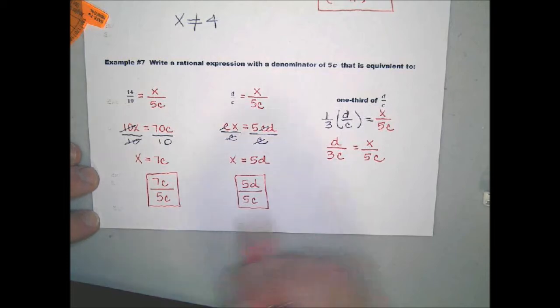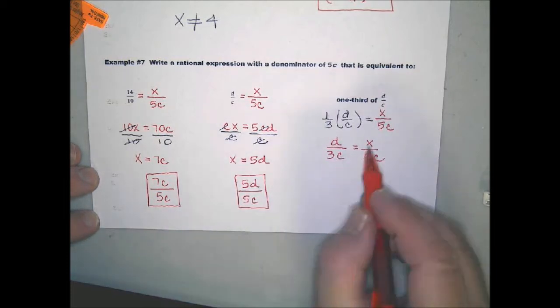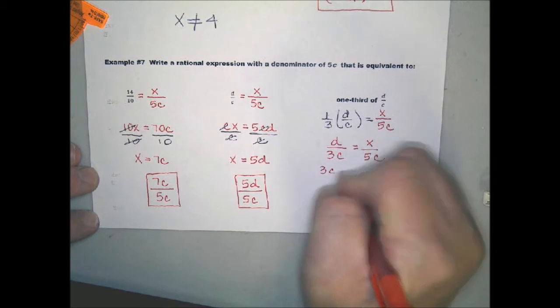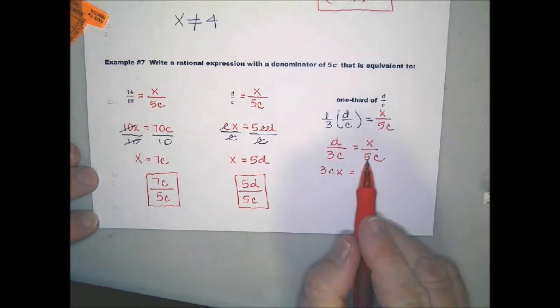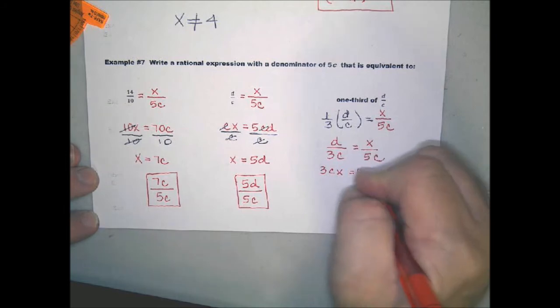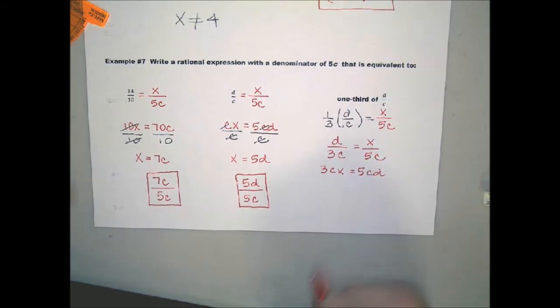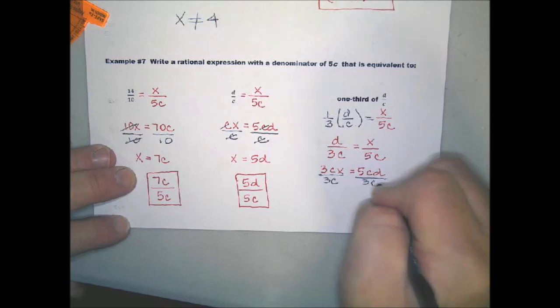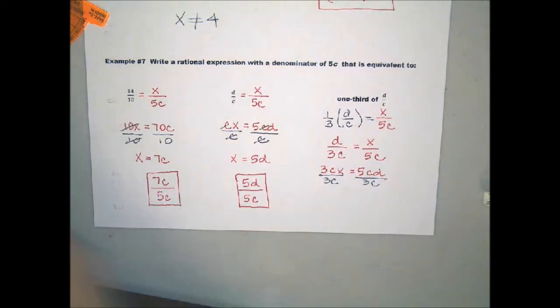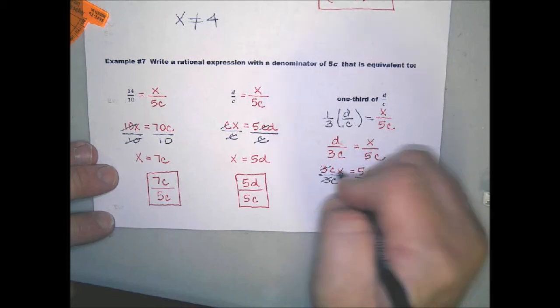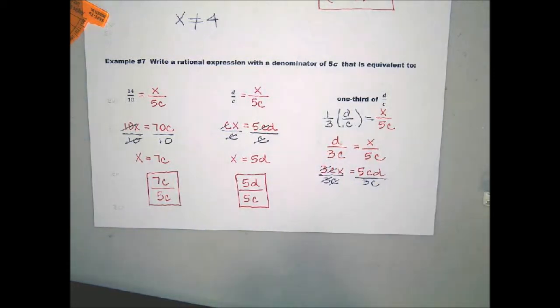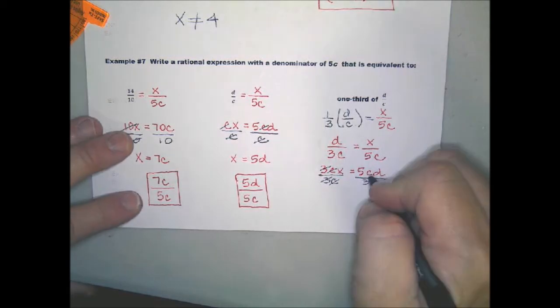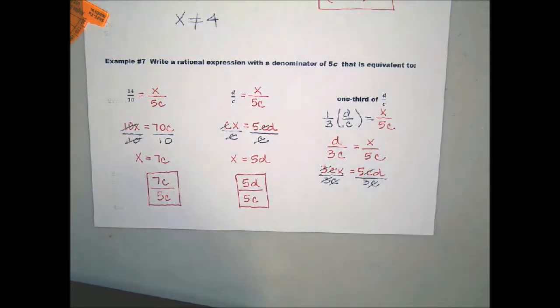Now, do what we did with all the others: cross multiply. So 3 times c times x, 3cx equals 5cd. I'm solving for x, so I'm dividing both sides by 3c. The threes reduce and go away. The c's reduce and become 1.